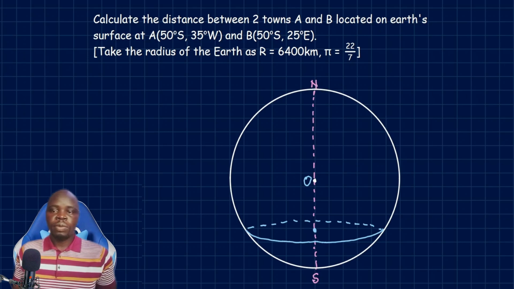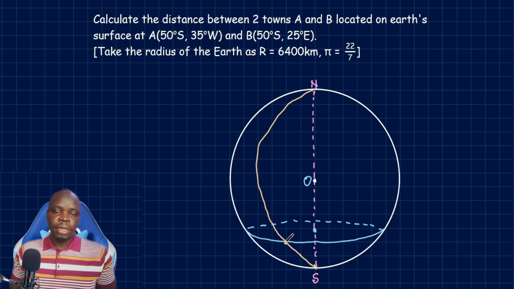Now we can also draw this. Maybe let's alternate the color for the longitude, and we can estimate something like that. Yep, I think this one is fairer. Now point A is lying at this part. They are already on the same latitude of 50 degrees in the southern hemisphere, and this is the longitude that is 35 degrees in the western hemisphere.